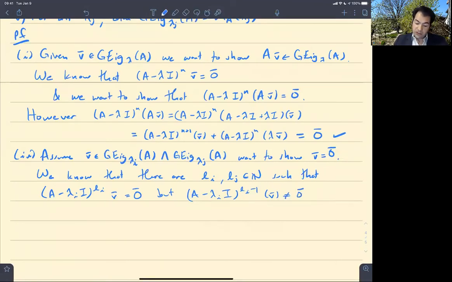So we know that some power of A minus lambda i times the identity kills V. Well, there has to be a first power that does that. And similarly, for lambda j, there's an Lj so that this power is 0, but no smaller power applied to V is equal to 0.